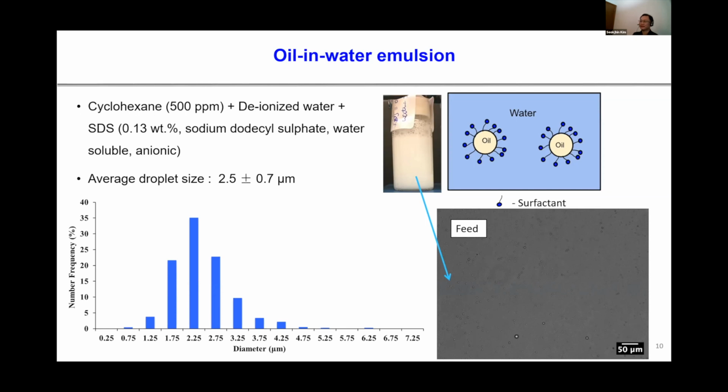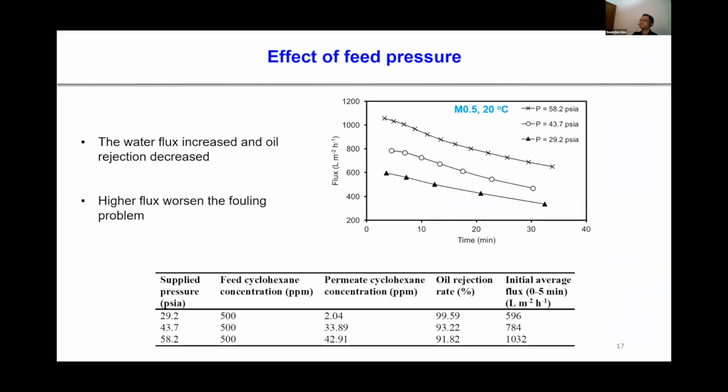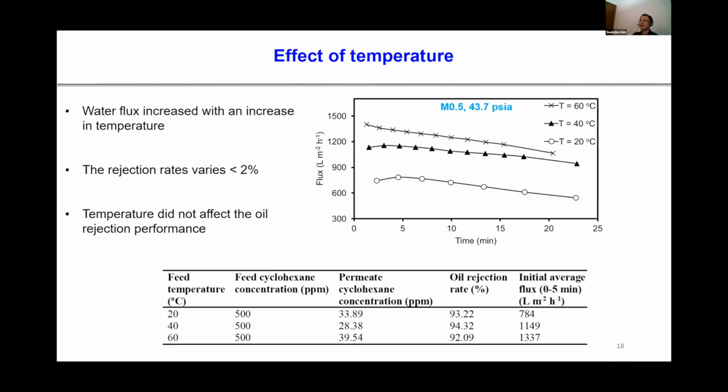And the second question, on the temperature effect. I didn't think about that aspect. Definitely the solubility of cyclohexane in the feed solution will change.